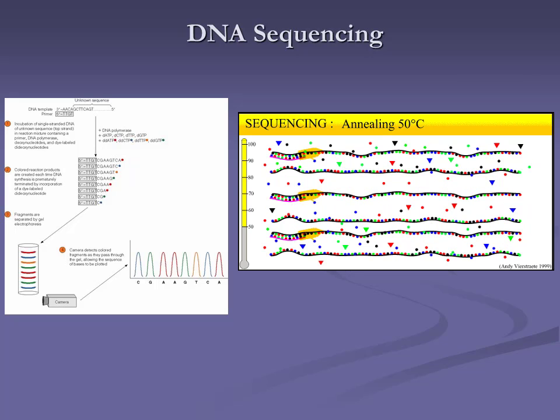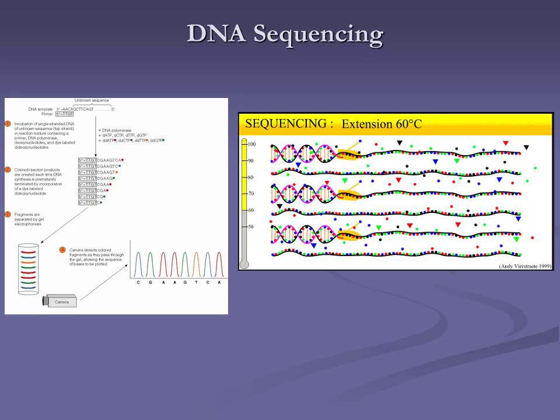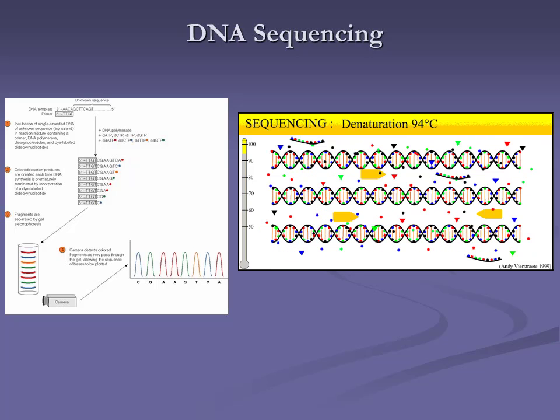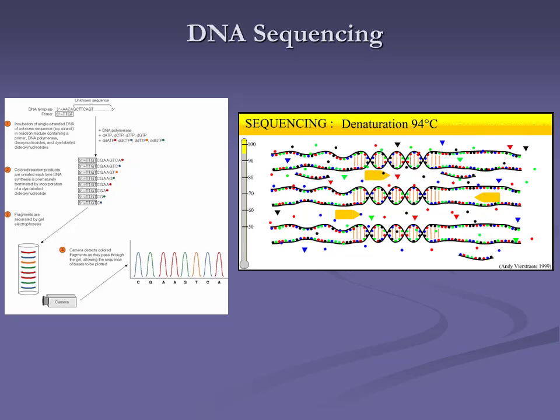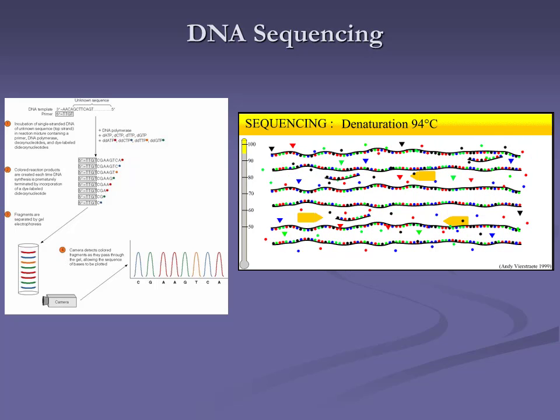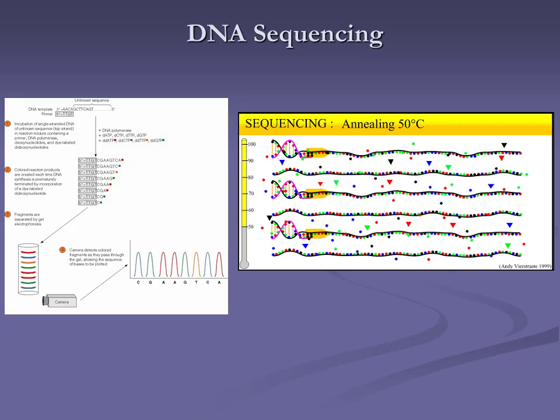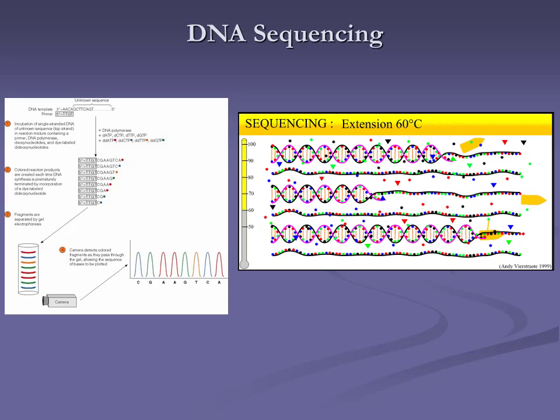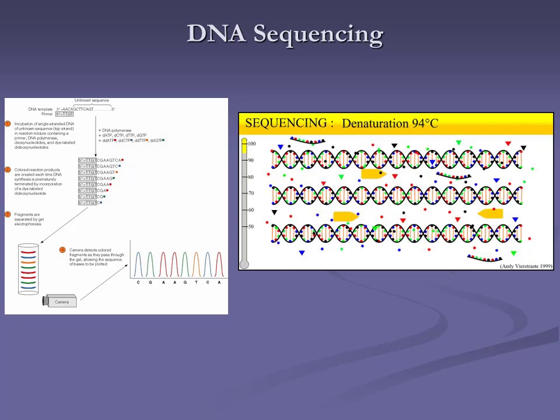But do you see how the sequencing works? It's all because of the dideoxy colored nucleotide and the fact that they stop at one sequence, and then a computer can tell you this one, then the next longer one is this one, then the next longer one is that one, all based on the color of those nucleotides.